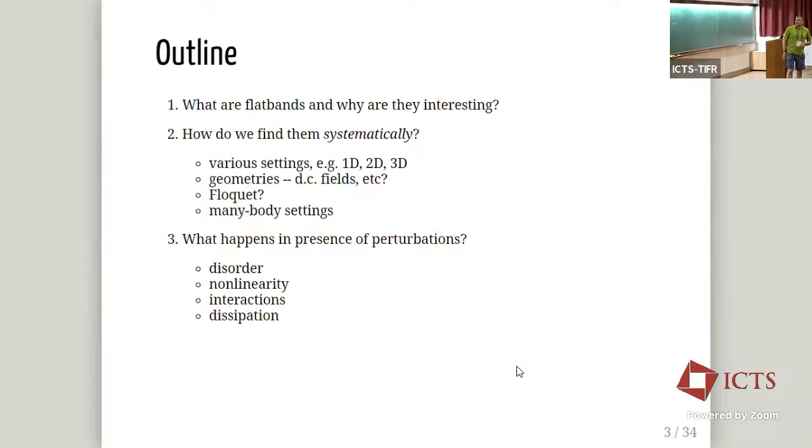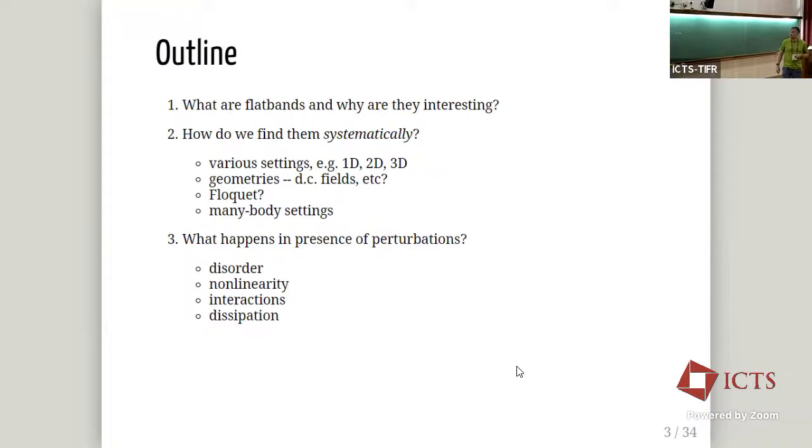So the brief outline is, well, I'm first going to talk about what flatbands are and briefly motivate why they're interesting to look at. There were already a few appearances of flatbands during the conference, the talk of Martin, and I believe a few other occasions.